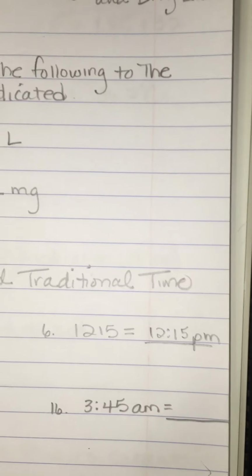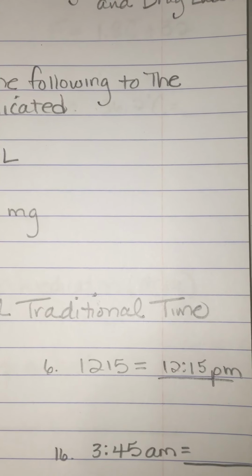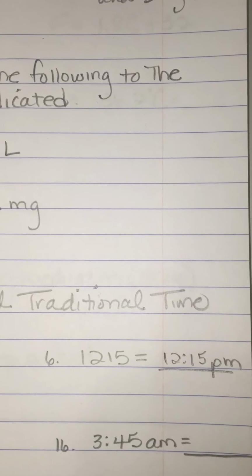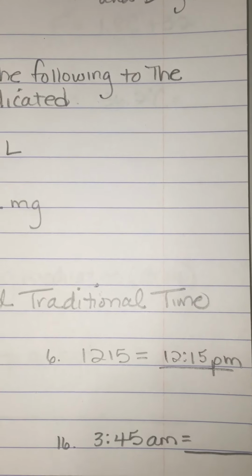The next one I looked at was number 6. It had 1215. On number 6, 1215 will indicate 12:15 p.m. There's no 0 in front to indicate that it is a.m.